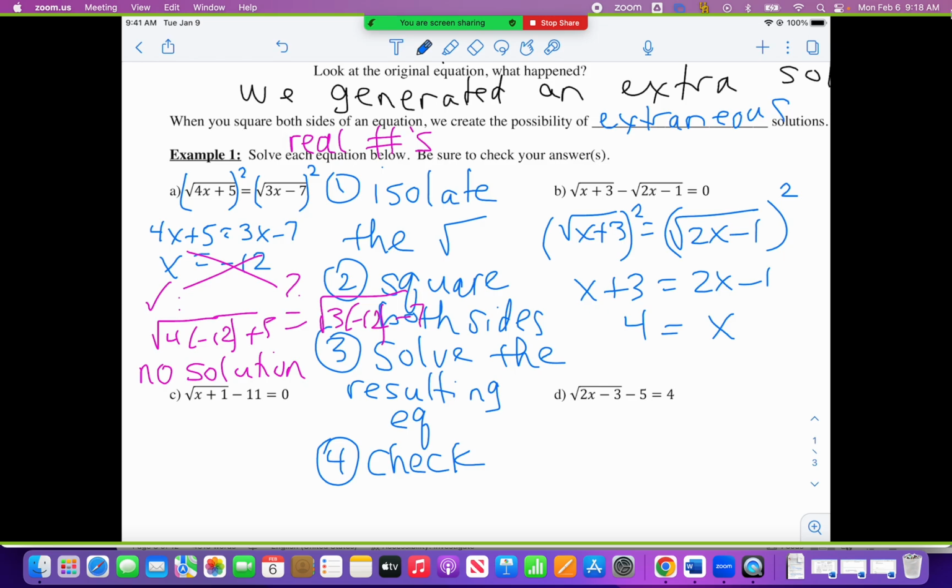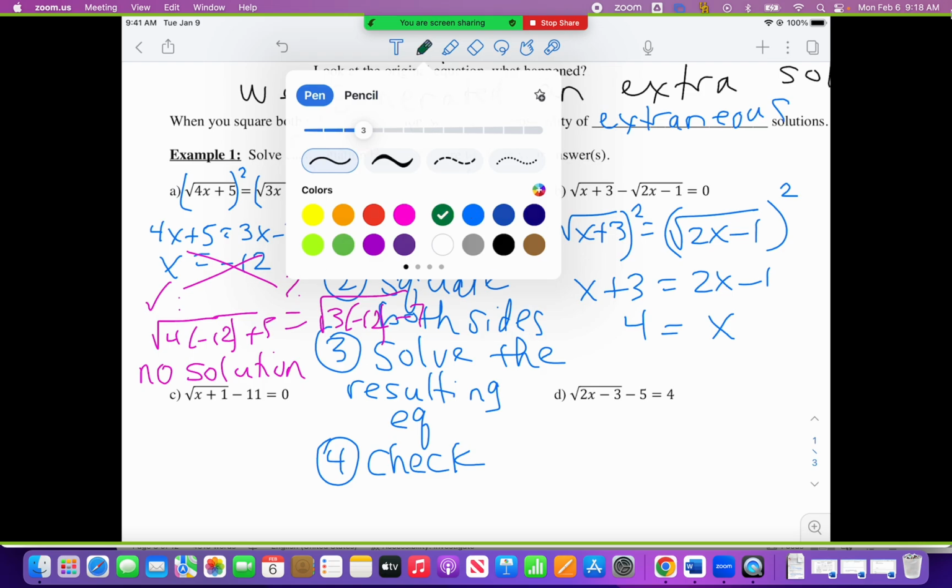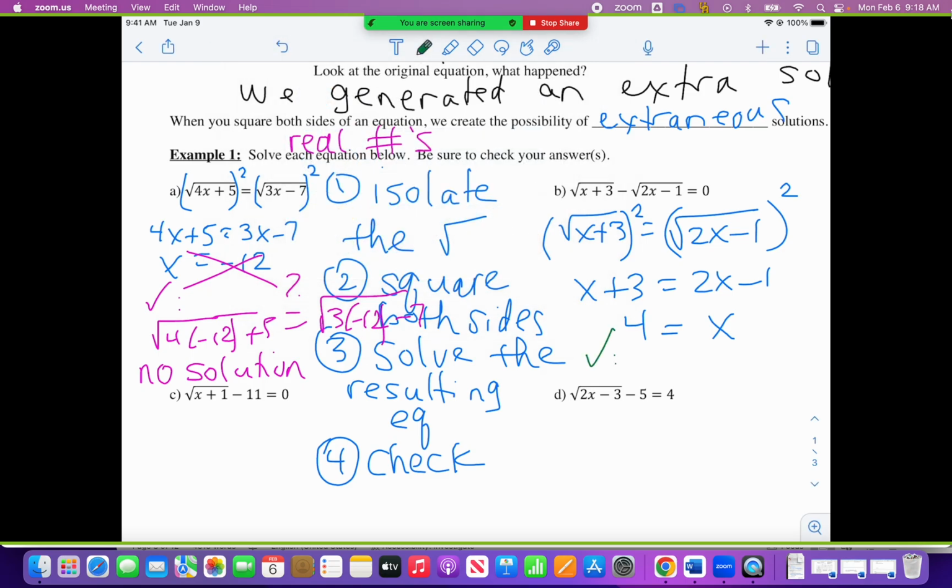Drew, what is step 4? Check your answer. So, and again, I don't mean to mislead you here, but you always go to the original equation, okay? You've got to go up to the original equation. So this is square root of 4 plus 3 minus the square root of 2 times 4 minus 1. Does that equal 0?